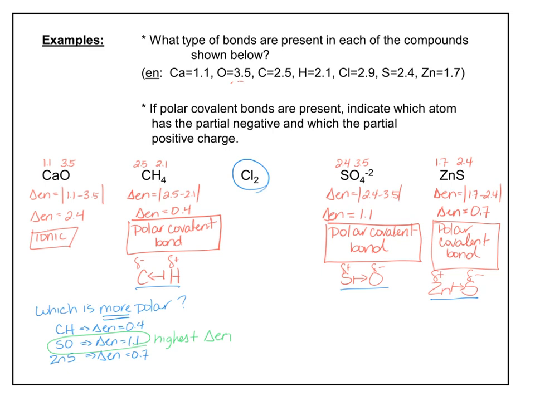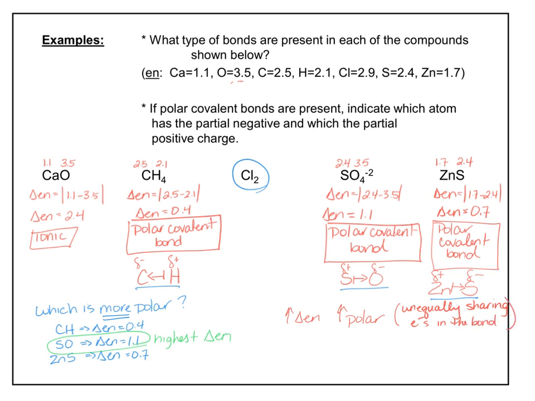Okay, so the higher the delta EN, the more polar it is. And polar, we're thinking unequally sharing the electrons in the bond.